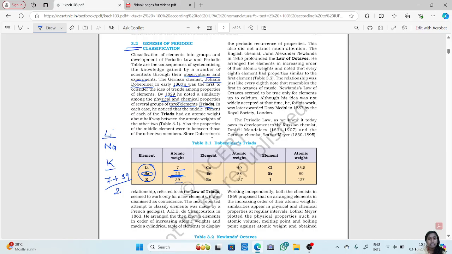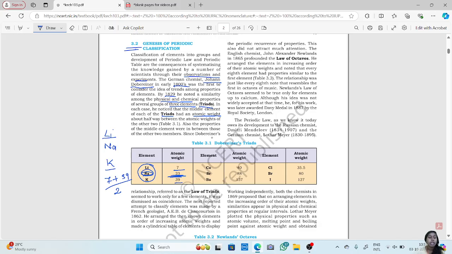That's what he had said here. In each case, he noticed that the middle element, that is sodium, had an atomic weight about halfway between the atomic weights of the other 2.